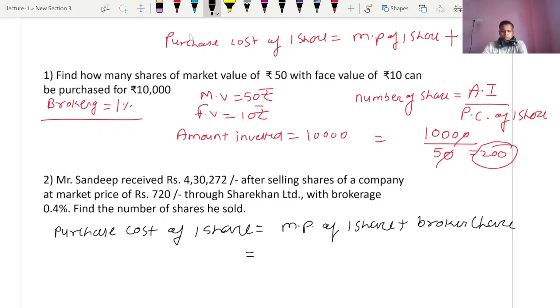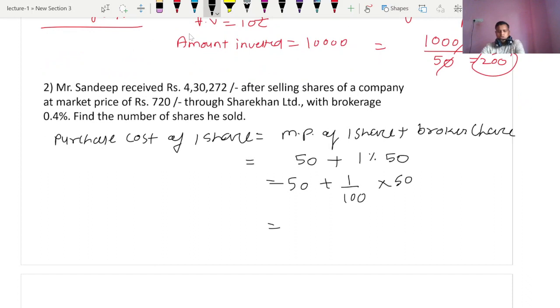So the market price of one share is what? 50 plus brokerage charge, which is 1%. So 1% of what? 1% of the market price of a share. So 1% of 50. So this is 50 plus 1 by 100 into 50. So this is nothing but 50 plus 0.5, which is equal to 50.5.